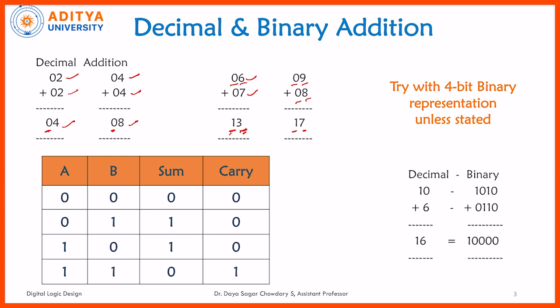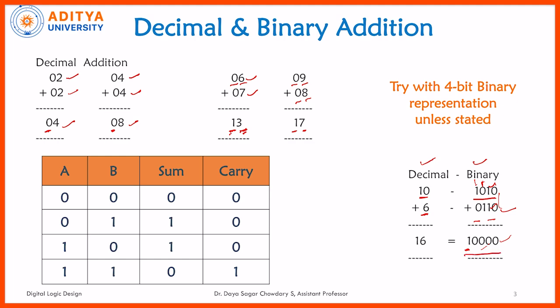Now, going from decimal to binary, the representation of 10 in binary is 1010 and the representation of 6 is 0110. Now if we add these two numbers, 0 plus 0 is 0, and 1 plus 1 is sum 0 and carry 1. Again 1 with 1 is sum 0 and carry 1, and 1 plus 1 is sum 0 and carry 1.